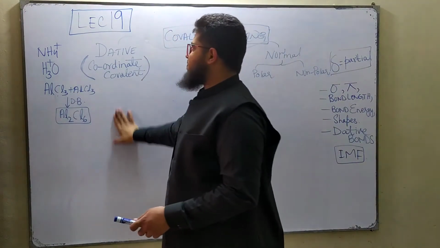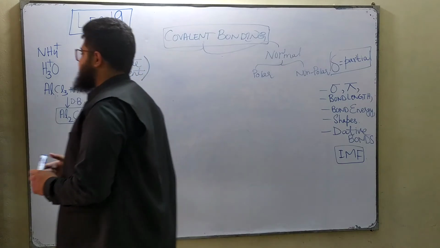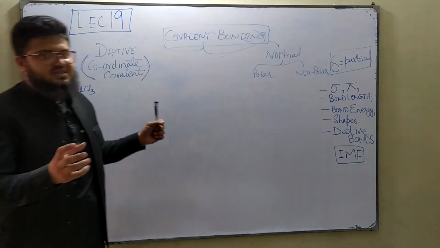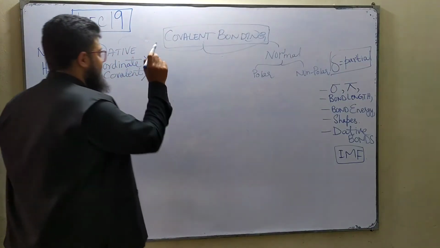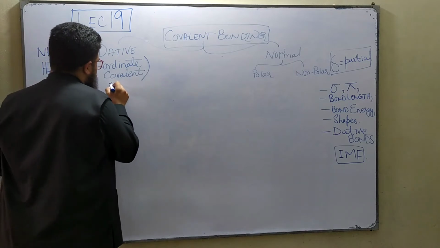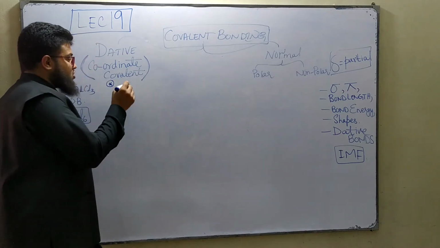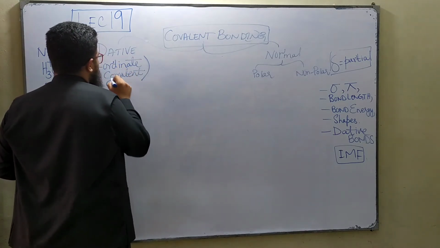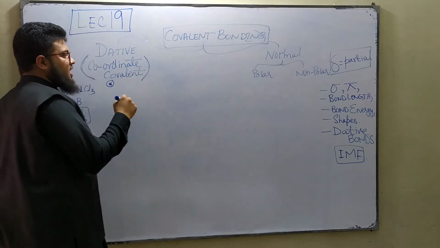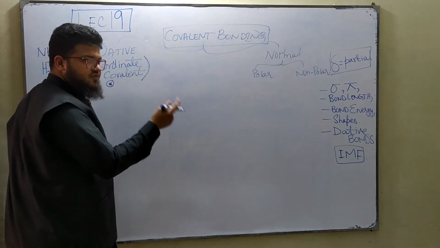Okay, now dative bonding. Dative bonding is actually the same as covalent bonding, but it's a special type of covalent bonding. Remember, in case of covalent bonding, the electrons were shared. In dative bonding, it's actually one of the two bonded atoms that provides both the electrons for the sharing.